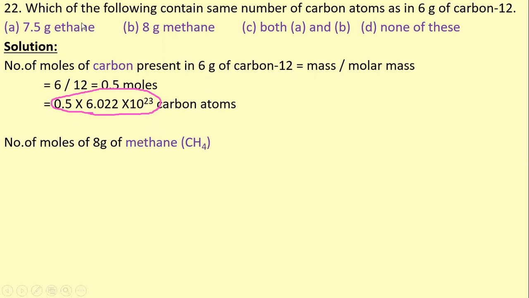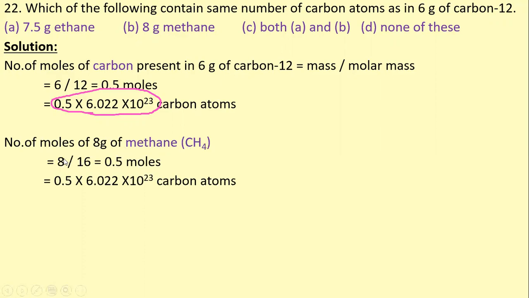Next we'll check the given options. First we'll move on to methane, the first in the alkane series, expressed as CH4. In the question, the first option is 8 gram, so 8 divided by the molar mass of CH4.